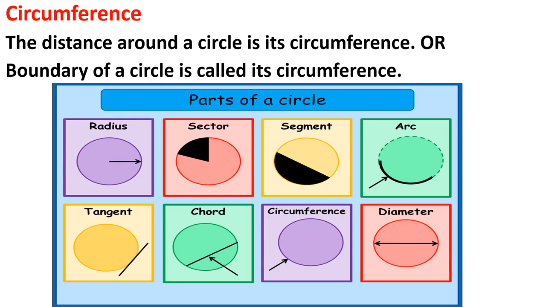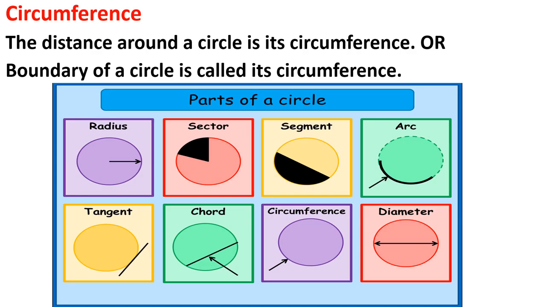Segment. Segment is a region enclosed by an arc and a chord. That is a segment. Then arc. Arc is a part of a circle, a small part. Leave the tangent. Chord. Chord is a line segment whose two endpoints lie on the circle. Circumference.